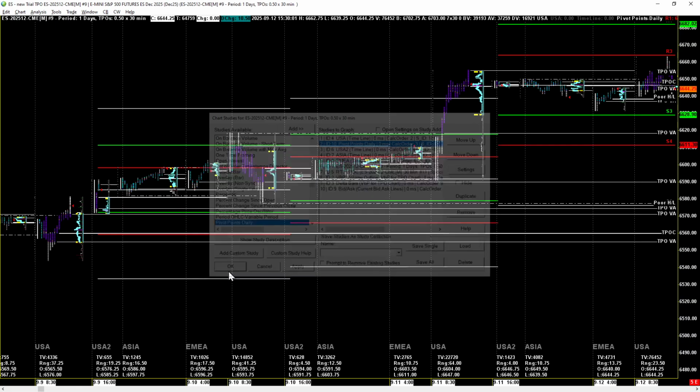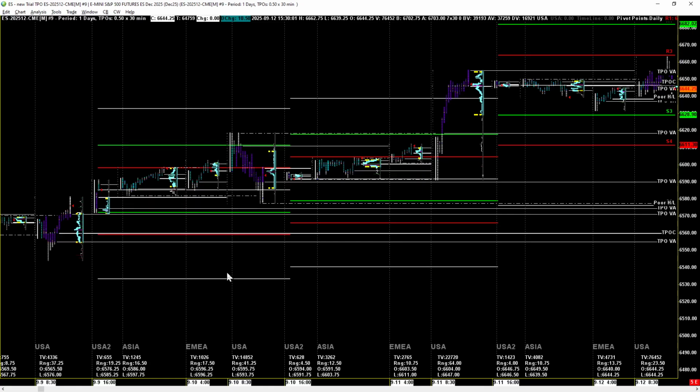Now these pivots are not going to be exactly where we're trading, see, this is Sierra Chart. Its pivot calculations are just a little bit different.